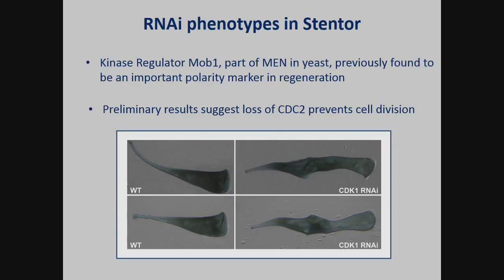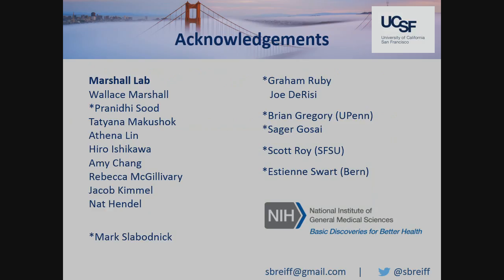And Tatiana mentioned that our previous grad student, Mark, had found that the kinase regulator MOB1, which is part of the mitosis exit network in yeast, was found to be an important polarity marker in regeneration. And then recently, I've done some knockdowns on a homolog of CDC2 and found a cell division phenotype. So we're really interested in doing regeneration experiments on these to see whether regeneration is affected.